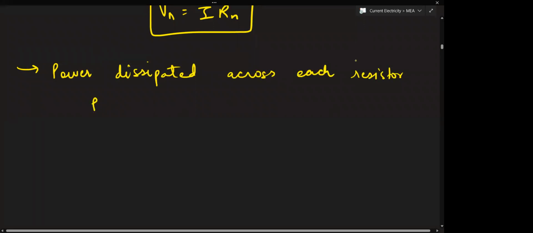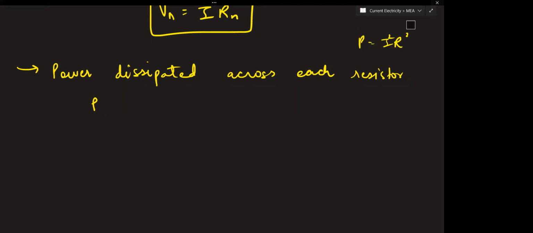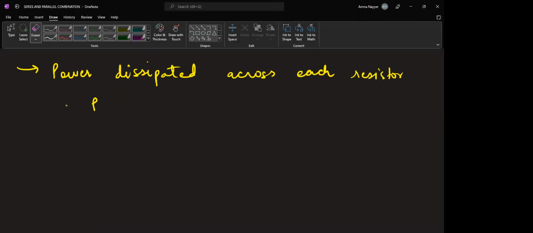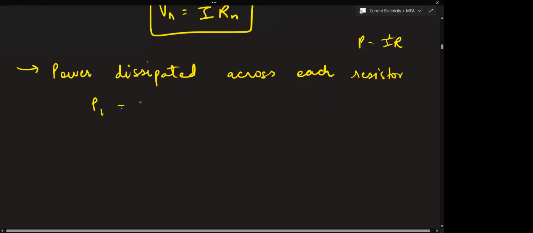This is P is equal to I square R, sorry, not IR square, I square R. This is the relation between power, current, and resistance. So P1 will be I square R1, I will be the same. P2 will be I square R2. Similarly, Pn will be I square Rn. I will remain the same because this is series connection.